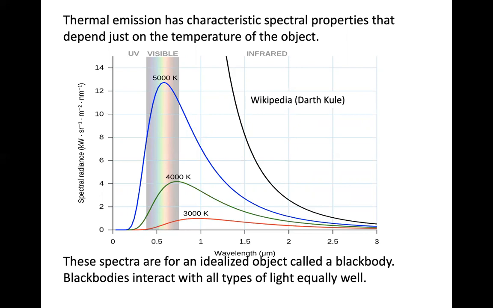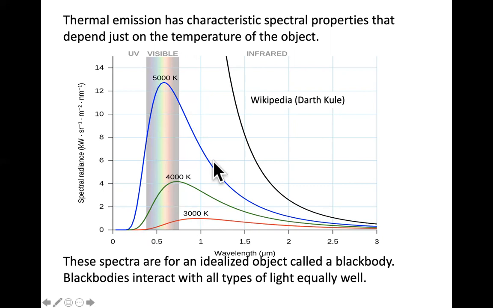A black body is just an object that interacts with all wavelengths of light equally well. So there aren't any other spectral features due to composition. In that case, you get a spectrum that looks a lot like the spectrum of the sun. It starts low, goes up to a peak, and comes down. And the exact shape of the spectrum and the position of the peak depends on the temperature, which we'll get more into.